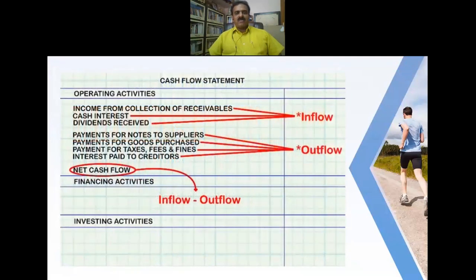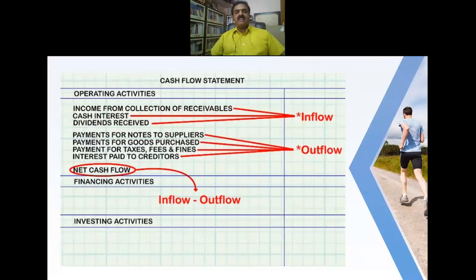Cash flow from operating activities may be classified into two things: inflow of operating activities and outflow of operating activities. All inflows are to be measured as positive values and all outflows as negative values. So inflows are to be added and outflows are to be deducted.